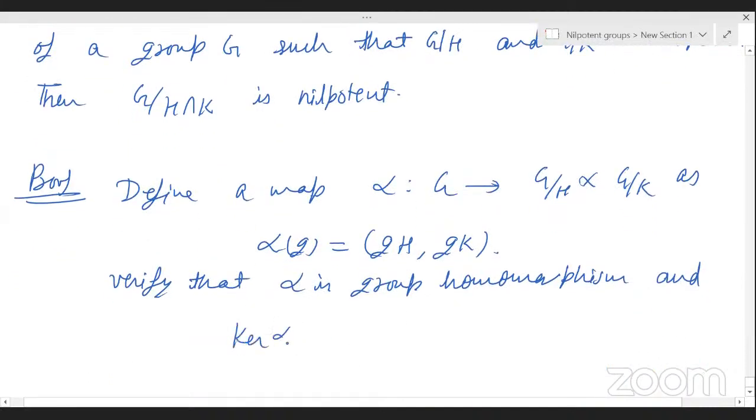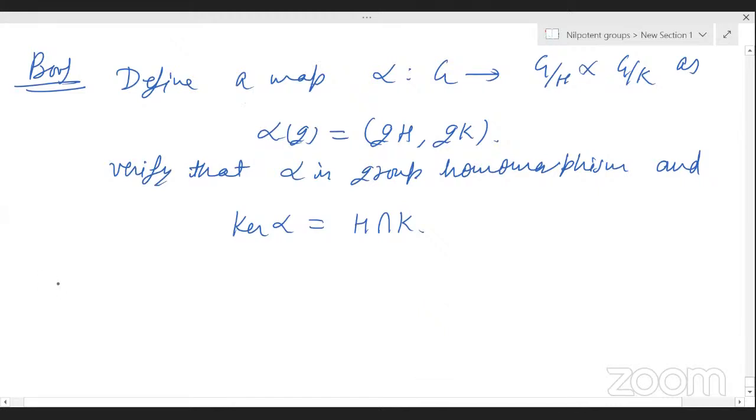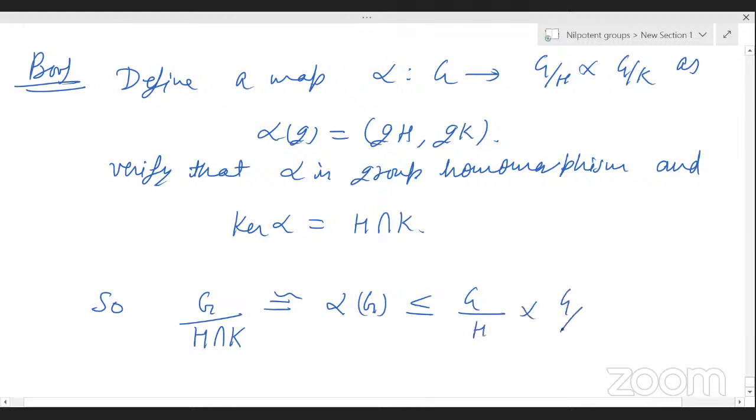The kernel of alpha is H intersection K. So, by the fundamental theorem of group homomorphism, G upon the kernel of alpha, that is H intersection K, is isomorphic to alpha of G, the homomorphic image of G, which is actually a subgroup of G by H cross G by K. But as you know, G by H is nilpotent and G by K is nilpotent.